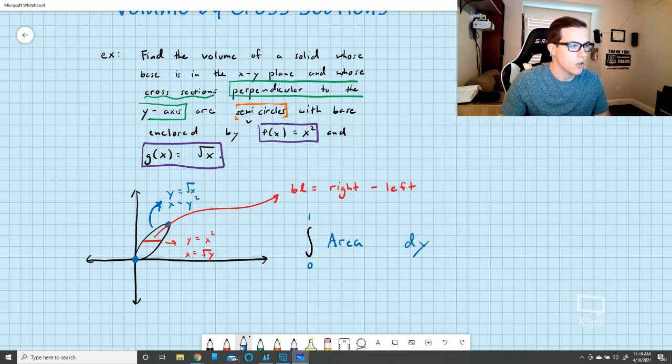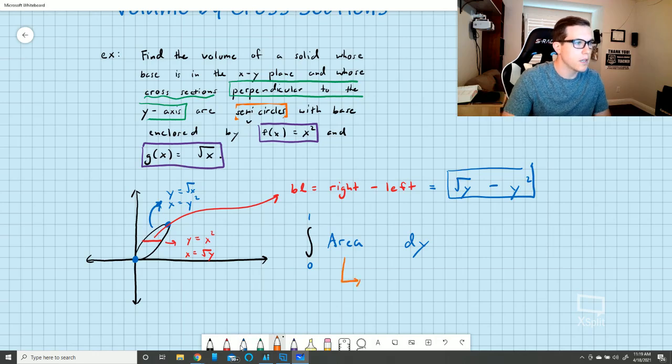Okay, so the base length is right minus left. The right curve is square root of y, minus the left curve, y squared. We're doing right minus left because we're working with y. There's your base length. And we just need to find the area.